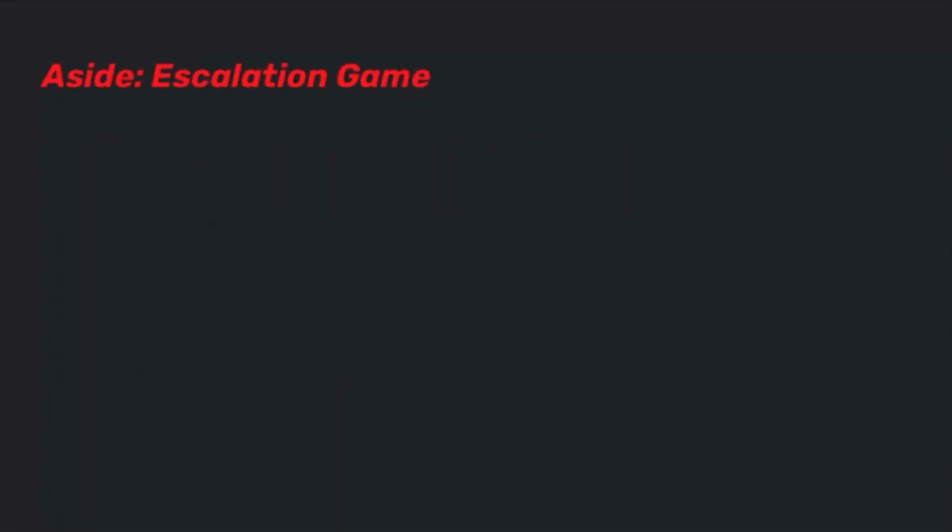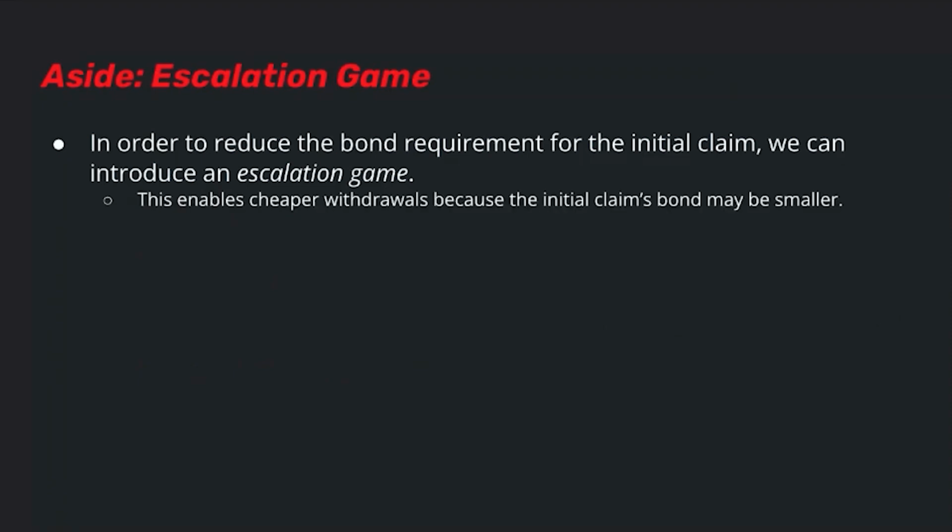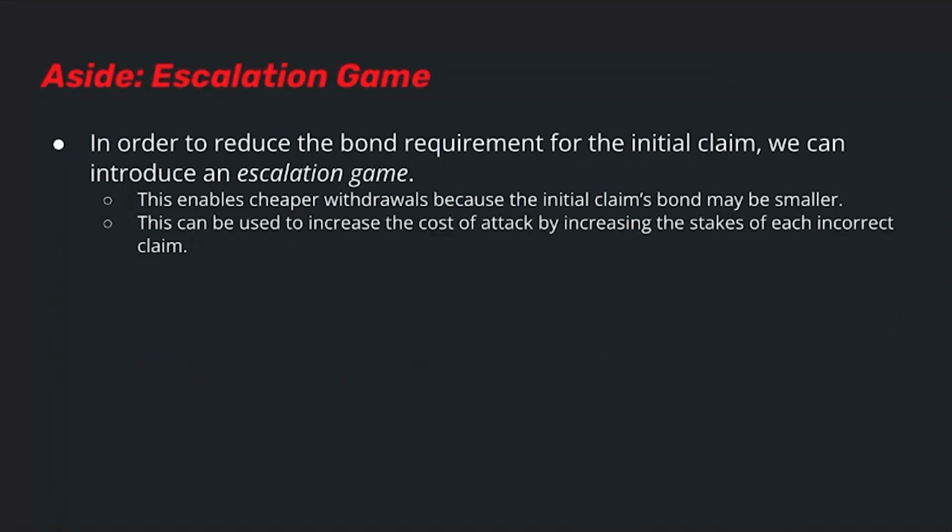And so, an aside, and I kind of talked about this in Mark's presentation, we have this thing that we've been floating around but isn't part of the current spec called the escalation game. We can introduce this to reduce the bond requirement of the initial claim. It enables cheaper withdrawals because the initial claim's bond may be smaller, and it can also be used to increase the cost of attack by increasing the stakes of each incorrect claim.